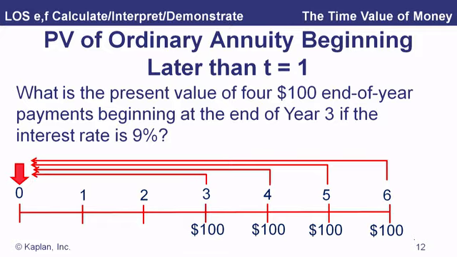Well, we could certainly do this the long way, right? We could say, well, this $100 comes at time 3. So if we want the present value of that, we just take 1.09 cubed. And then we could add that to this, 1.09 to the 4th, etc., and add them all up like that.